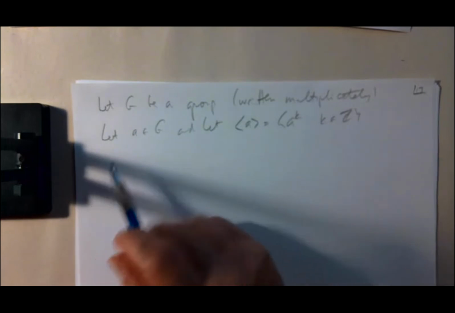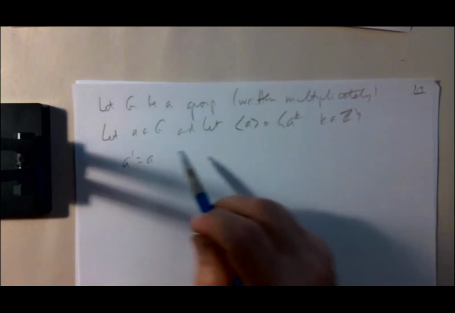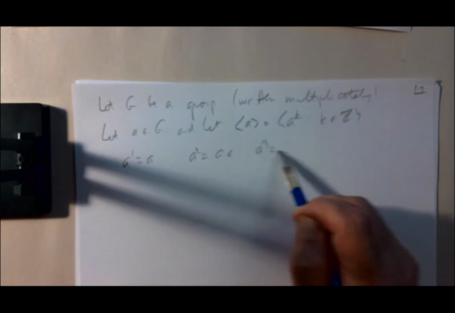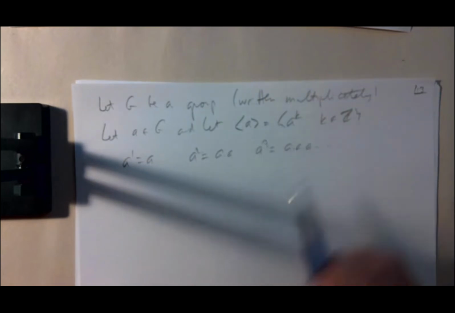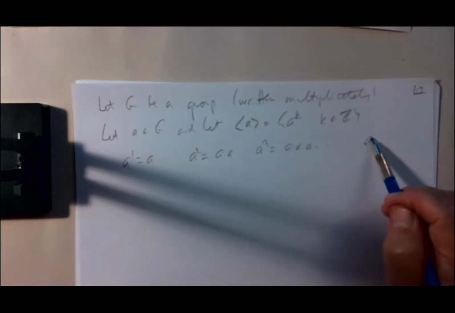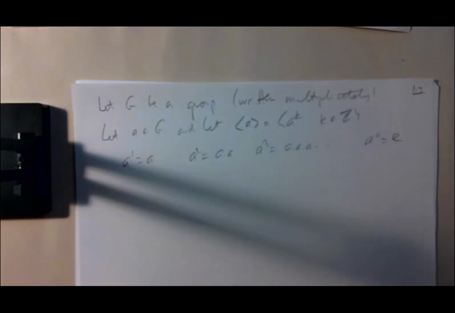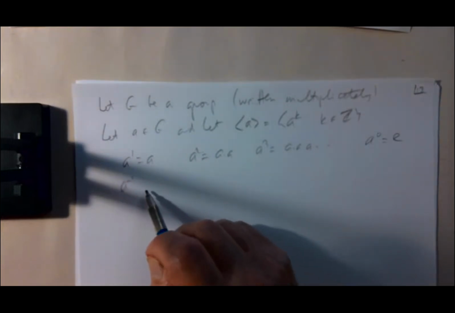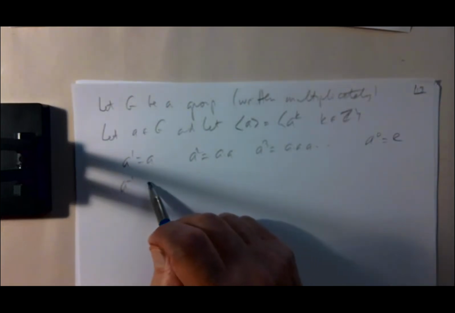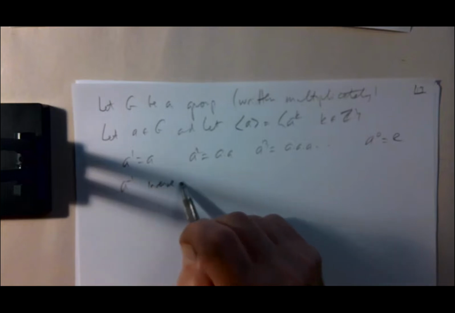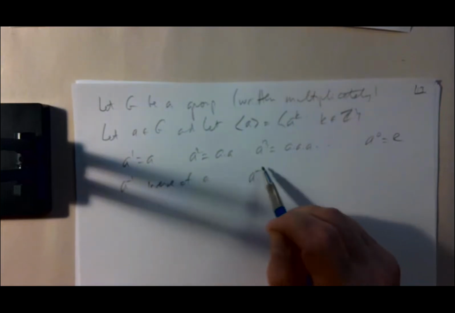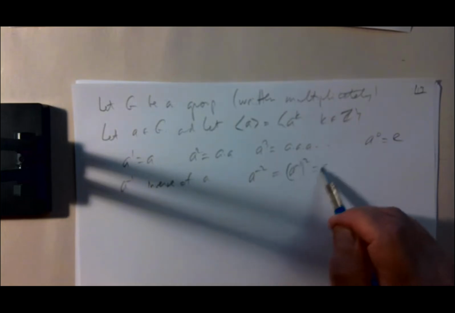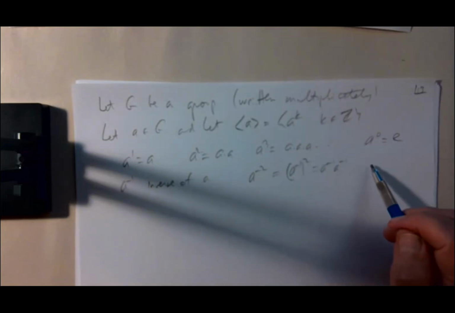So what does this mean? A to the first power is A. A squared is A times A. A cubed is A times A times A, and so forth. A to the 0 we define to be the identity. A to the power minus 1 is the inverse of A. A to the minus 2 is A inverse times A inverse.